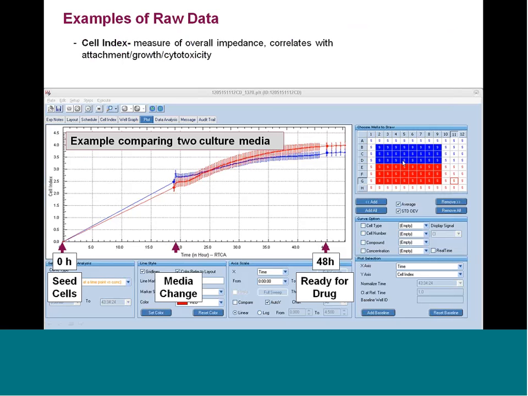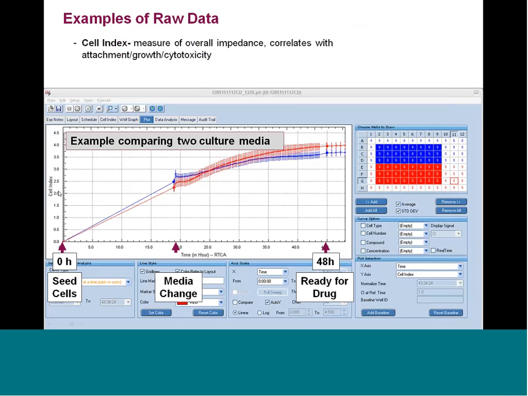Those are the 2 different colors. And you see that you seed the cells at time 0, and the impedance, that's the baseline for impedance. And then I let them grow, it looks like, for about 20 hours before I started a continuous read. And they sort of plateau as they adhere and become confluent.